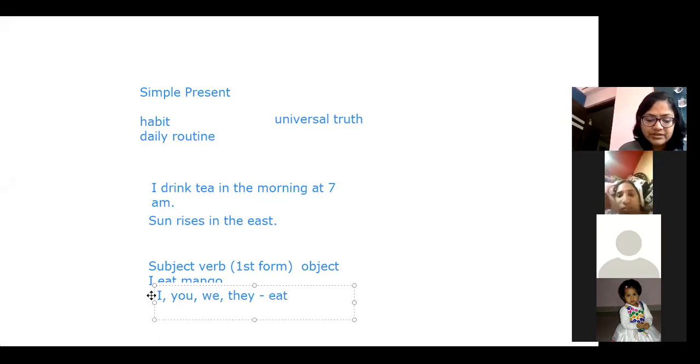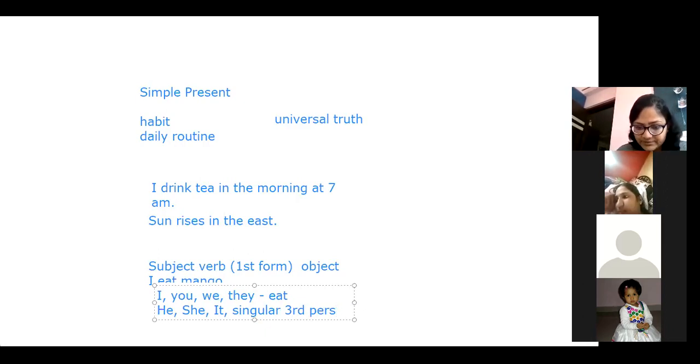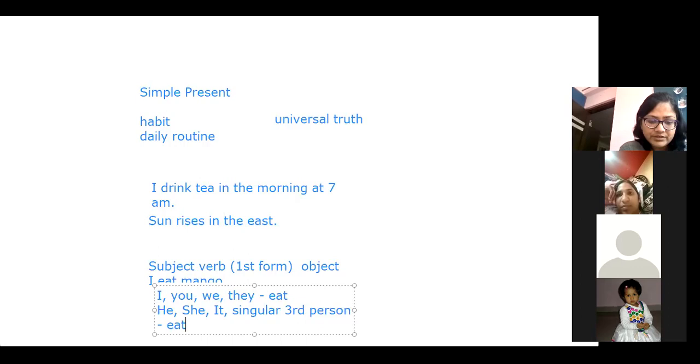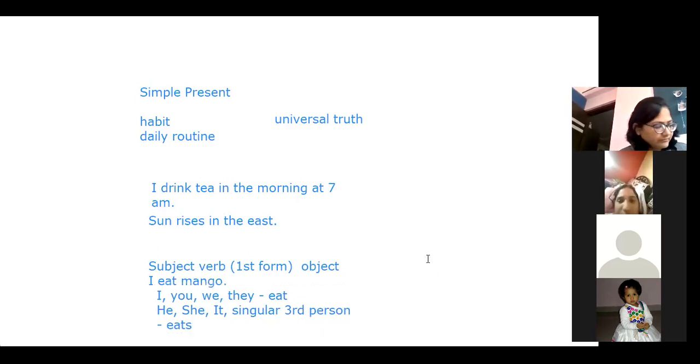But if you have he, she, it, or any singular third person, then you will have to use eats, right? This is very basic thing which I'm telling you. If you have any doubt, you can ask me. Okay, there we use eats. I didn't understand. Eats, okay.